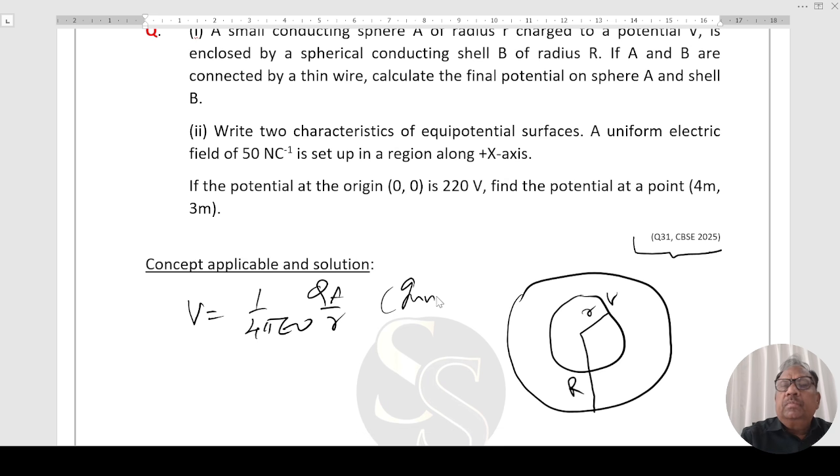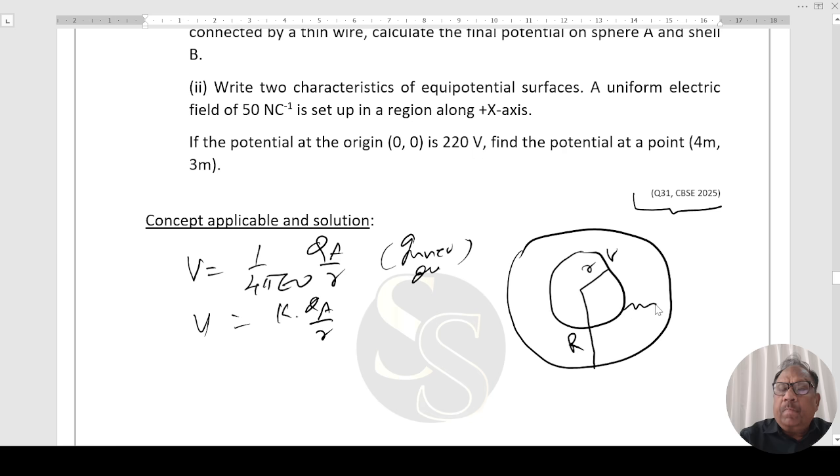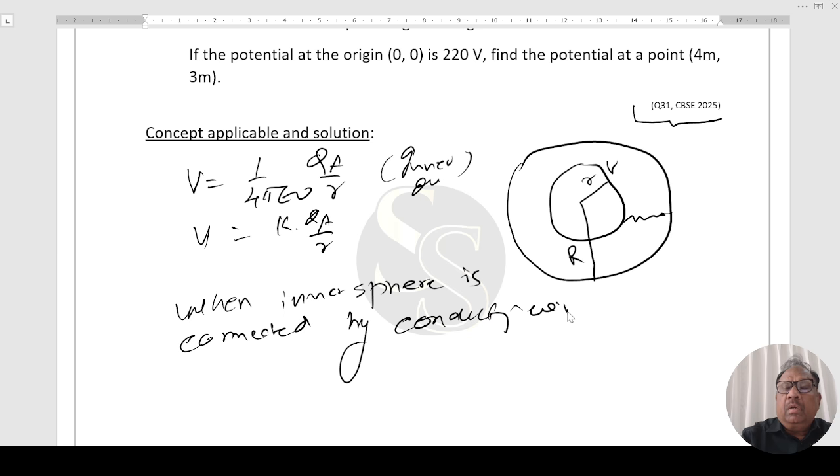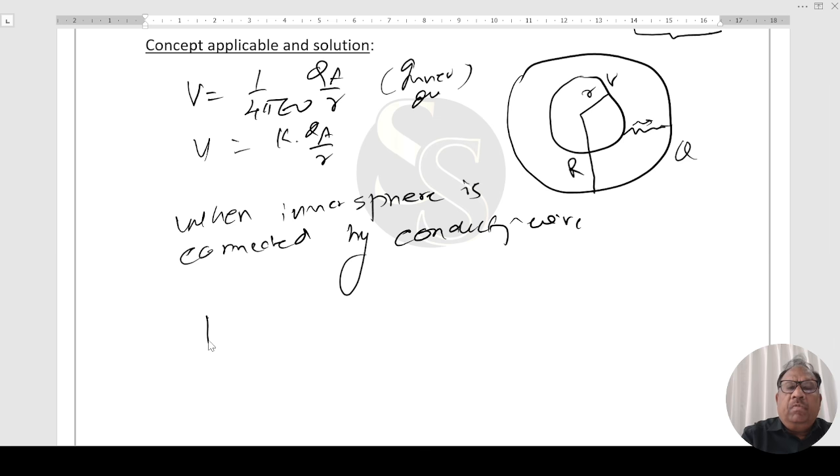Potential of the inner shell, we represent 1/4 pi epsilon naught as K, so V equals K QA by R. This is V. When the inner sphere is connected by a conducting wire, charge will flow, so the charge on this will be Q. Therefore, VB will be equal to 1/4 pi epsilon naught Q upon R, you can say K Q upon R. This is case 1.